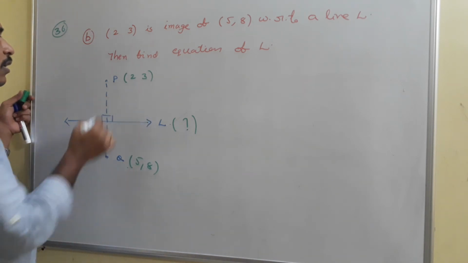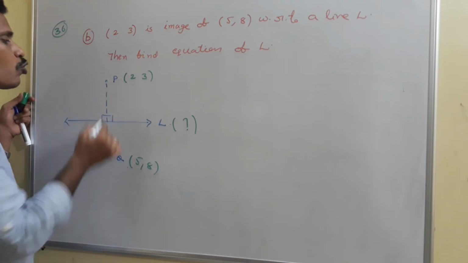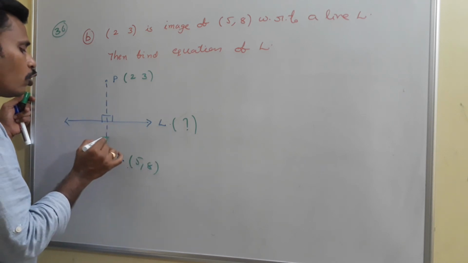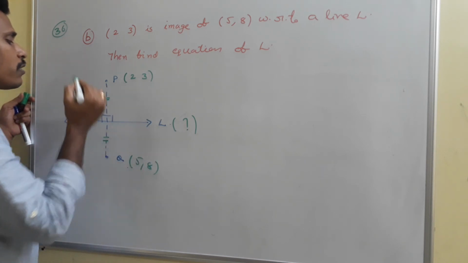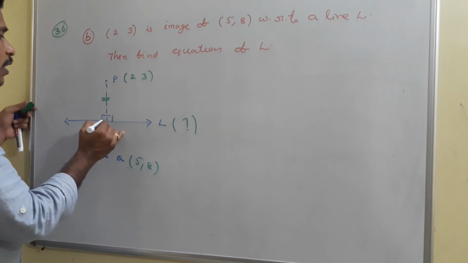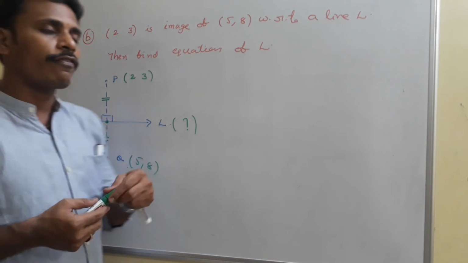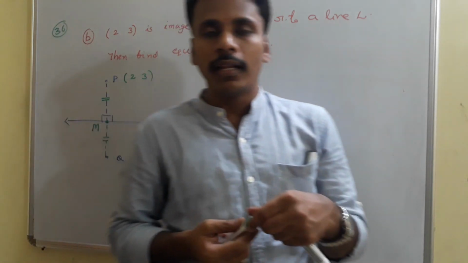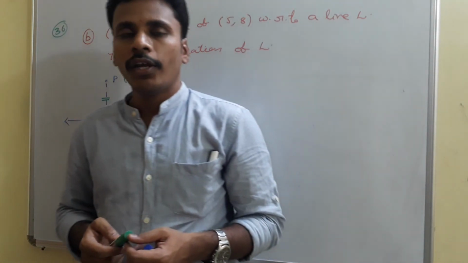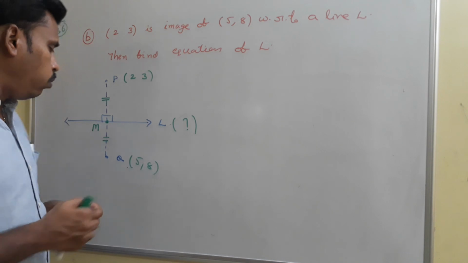As we discussed, these P, Q are images of one another with respect to the line. So P, Q are equidistant from L. As we discussed in the previous case, if you call this point M, easily you can find M, which lies on L, and the slope of L you can find using the slope of PQ.